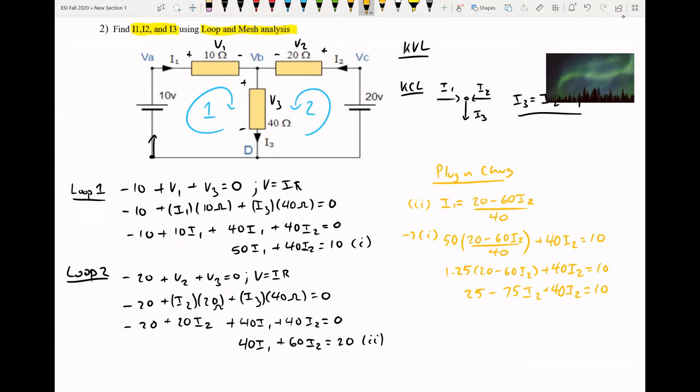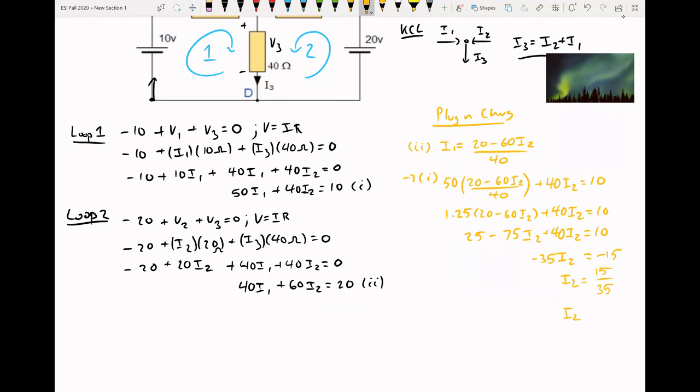So combining these like terms, we will get negative 35 I2 is equal to negative 15. And therefore I of 2 will equal 15 over 35. So I2 is equal to 0.428 amps.